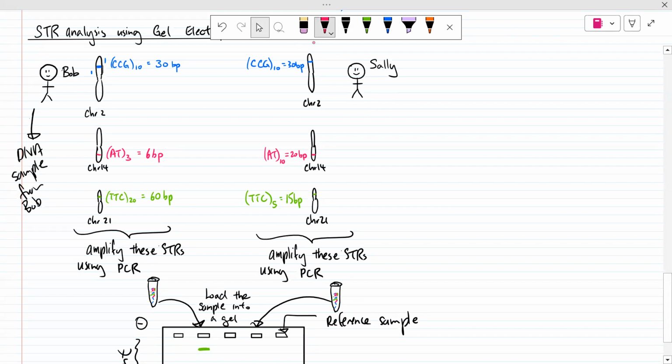Even though you originally start with all his DNA, after the PCR process you will only have 3 fragments of DNA in billions of copies: the blue one, the red one, and the green one. And it's all going to be in this tube. So when you load the sample into well number 2, because you prepared that, you know it has to come from Bob. Is that what you're asking, or am I totally missing your point? Have I answered your question, or do you have a follow-up question?